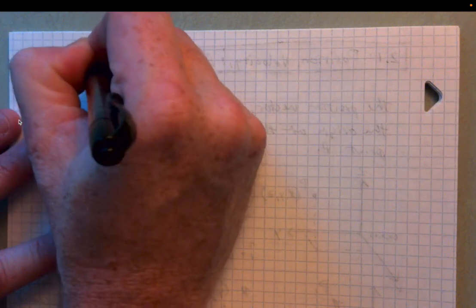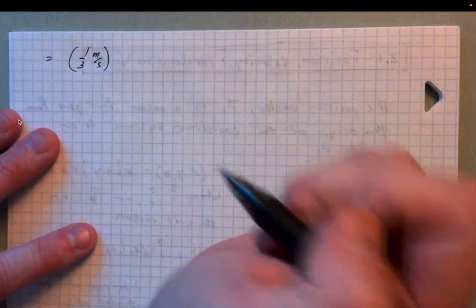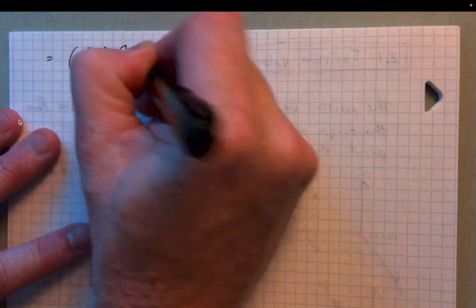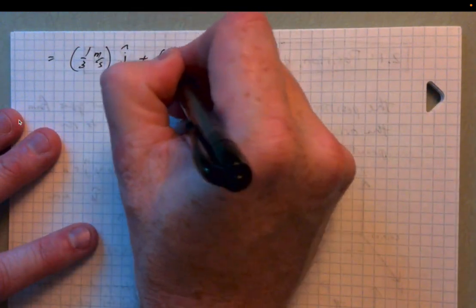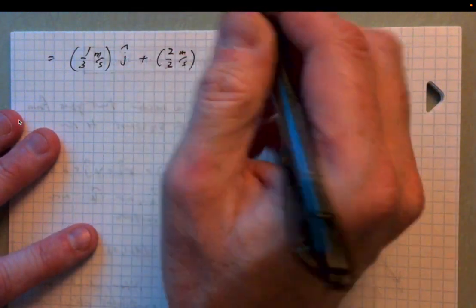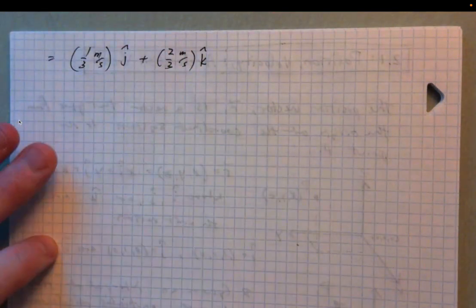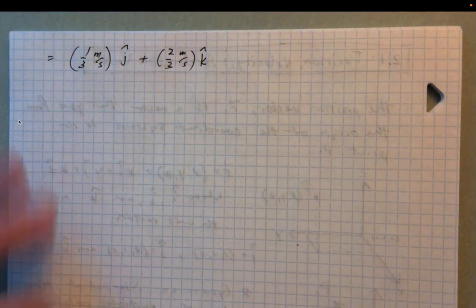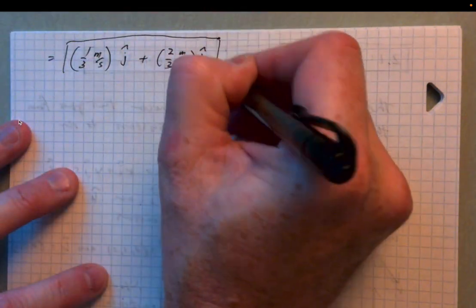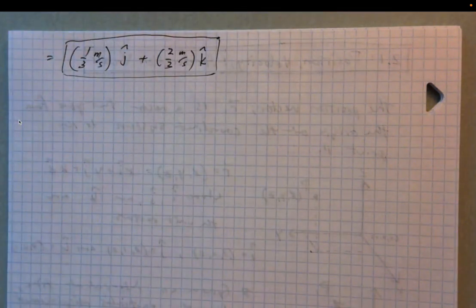So the best way to frame this up would be to say 1/3 meters per second in the j direction plus 2/3 meters per second in the k direction. That's the answer: the average velocity over this hypothetical interval, this example.